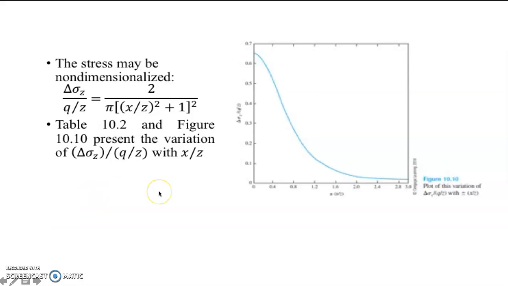So you can also have here a figure for the stress, maybe non-dimensionalized. You can have here the variation of your delta sigma of Z with respect to Q over Z. So these are the variations for the different values of the change in stress.